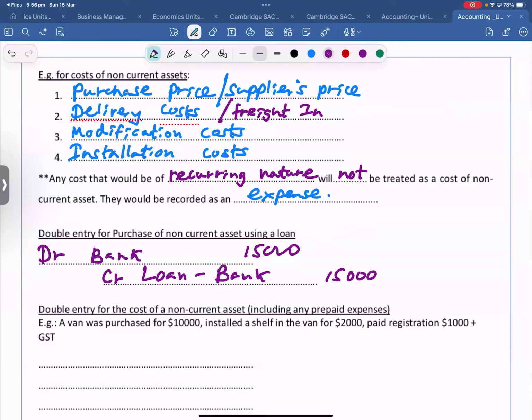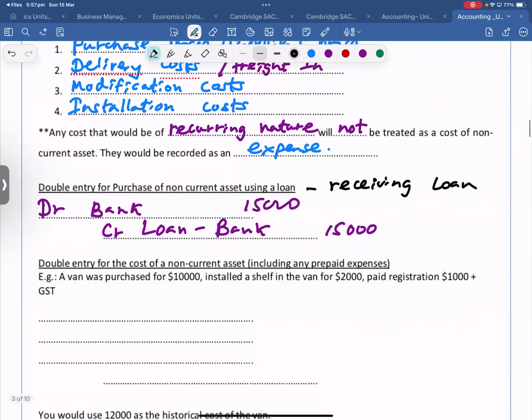Yes, so firstly, the double entry for purchase using a loan. Firstly, you are receiving the loan. If you are going to be confused, please write receiving the loan. Okay, you receive the loan.